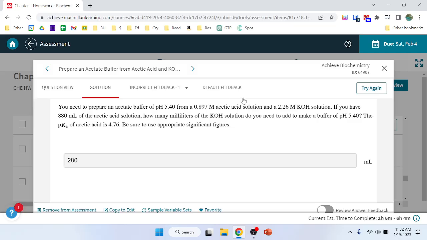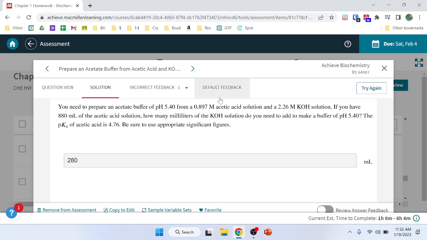So we're going to take that millimole number. We have the ratio of the base to acid, right? Okay. And so we also have how much of the acid we started off with, right? And that's these two numbers multiplied by each other in millimoles.